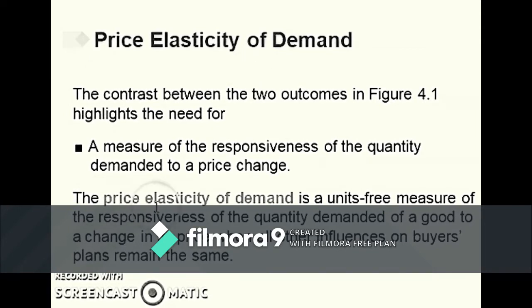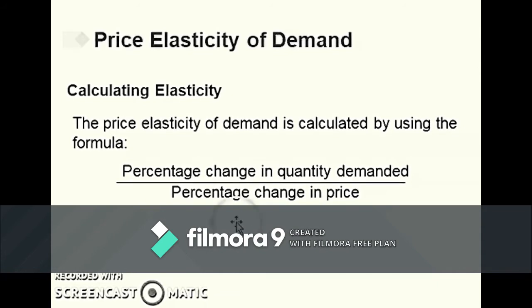The price elasticity of demand is a unit-free measure of the responsiveness of the quantity demanded of a good to a change in its price when all other influences on the buyer's plans remain the same. We can define elasticity with the help of this formula. It's a ratio of the percentage change in quantity demanded to the percentage change in price.